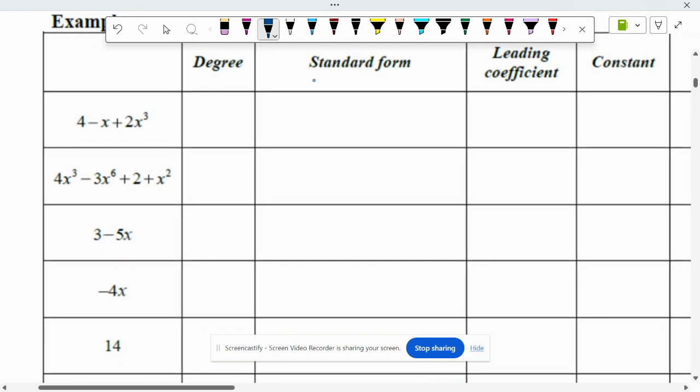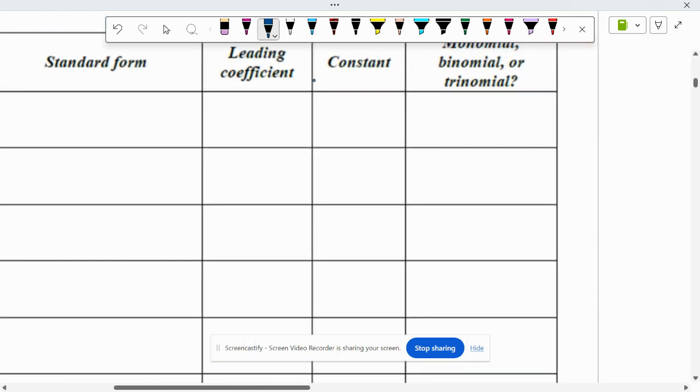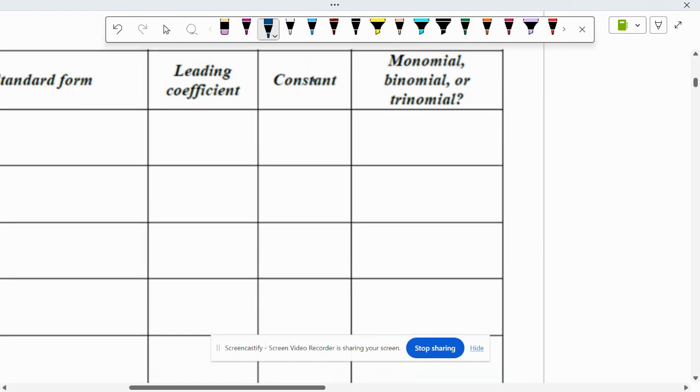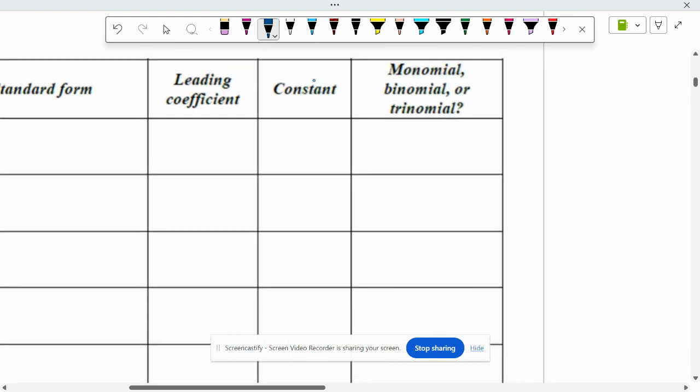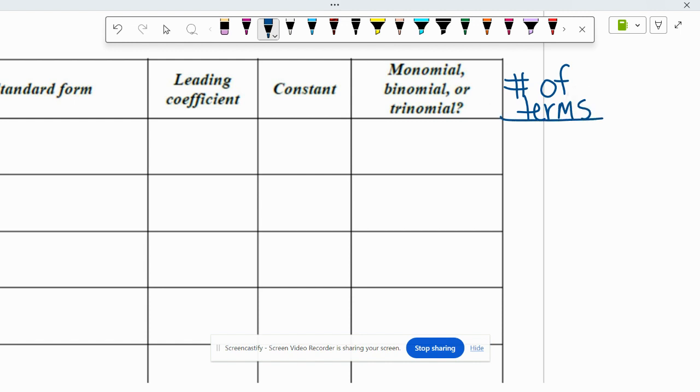And then we're going to decide if it's a monomial, a binomial, a trinomial, or a polynomial. And we're actually going to say how many terms it has off the side. So I added one more column and I wrote number of terms here. We're just going to kind of squeeze that in.